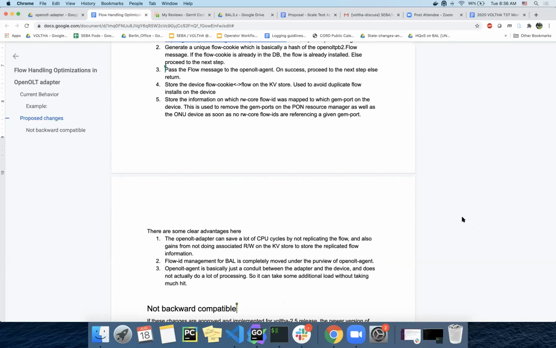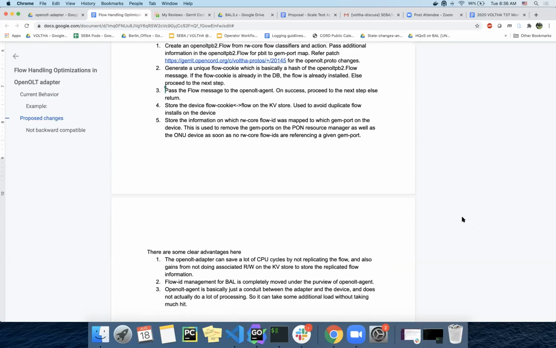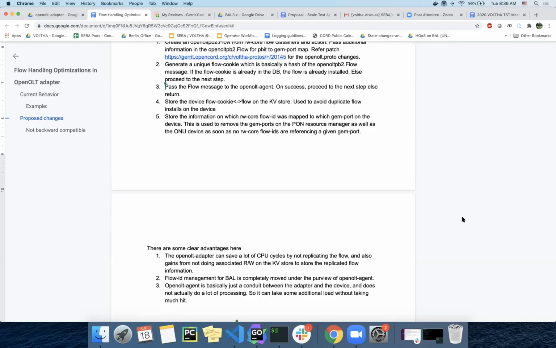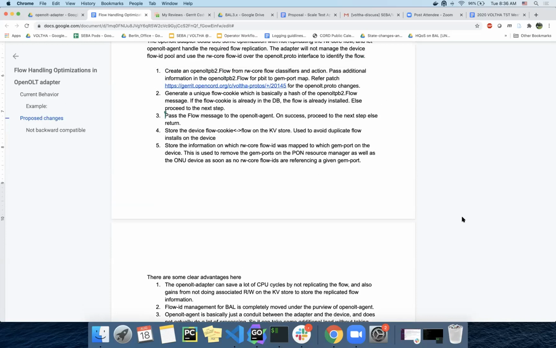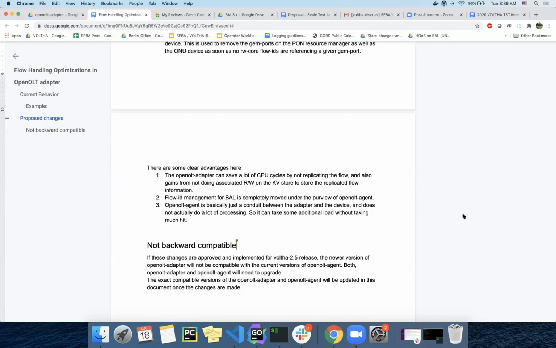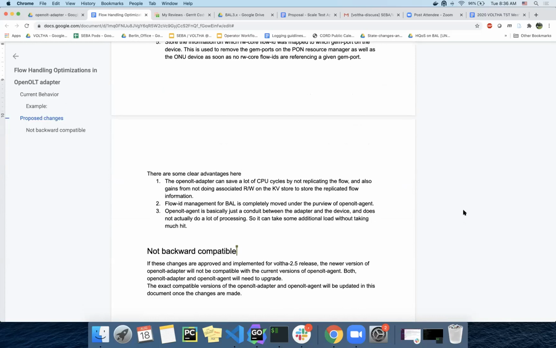So it's actually multi-threaded. Okay. So the agent basically does not do anything on its own. It receives the call from the adapter, and each gRPC API call is pushed into its own thread. So Amit, does that answer your question?